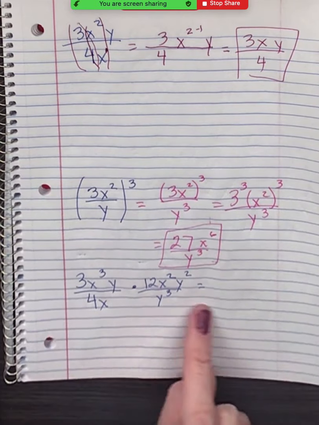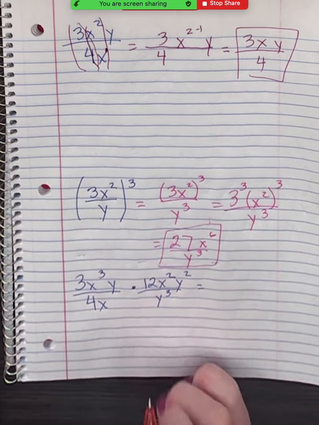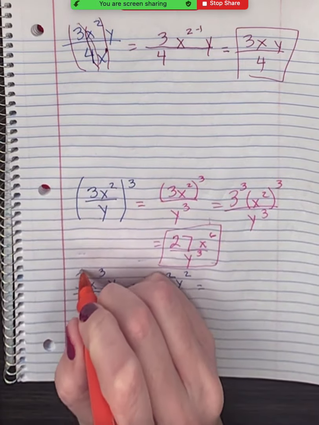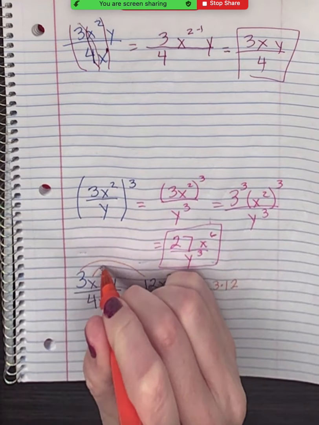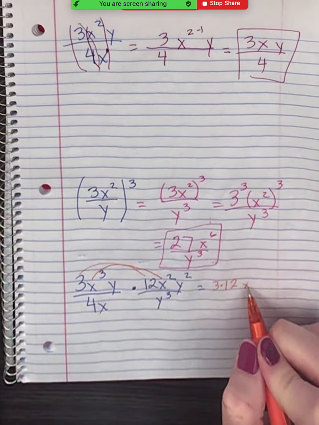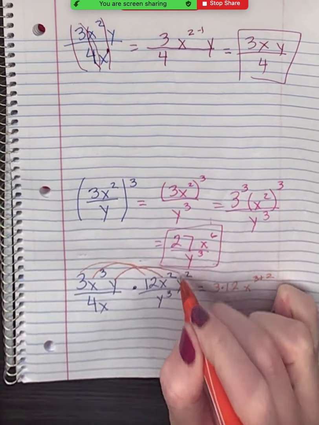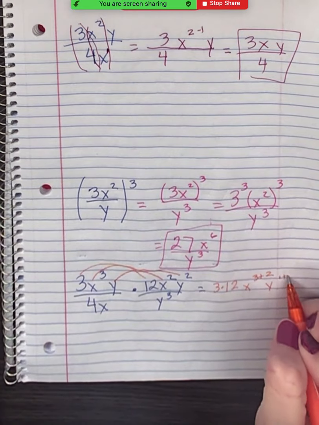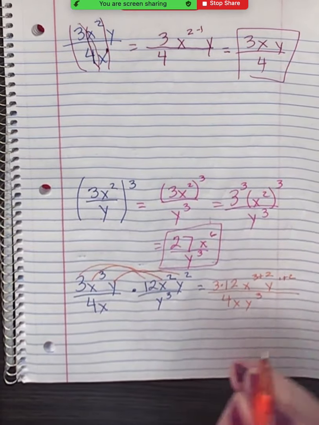I would put it all as one fraction. So multiplication, you can multiply in any order. So we're going to multiply the numerator. So we're going to do 3 times 12. And then x cubed times x squared. So we add the exponents. And y times y squared over 4xy cubed.